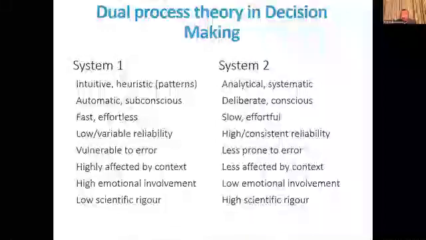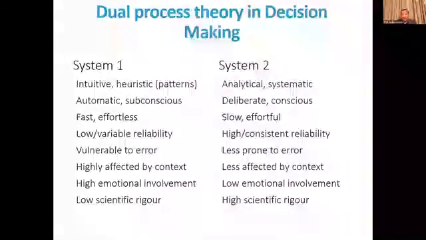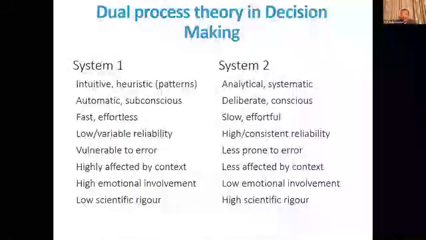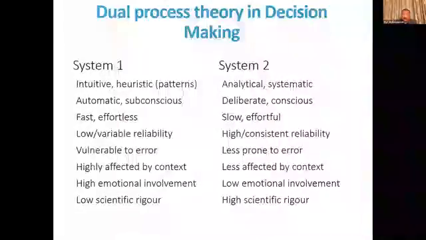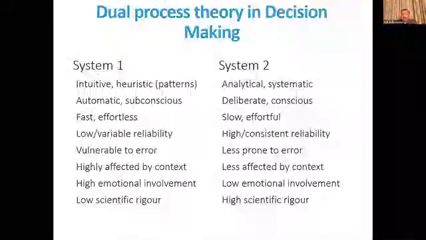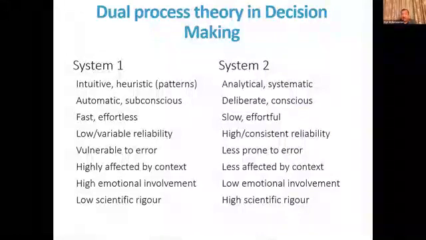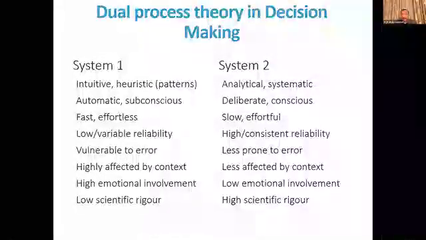while system two, which is the slow system, is analytic and systematic, and it goes step by step. It needs effort and energy. It is more reliable, less prone to errors, but it is time consuming and it needs effort, and therefore most of the time we like to use system one because it is easier and it is readily available.